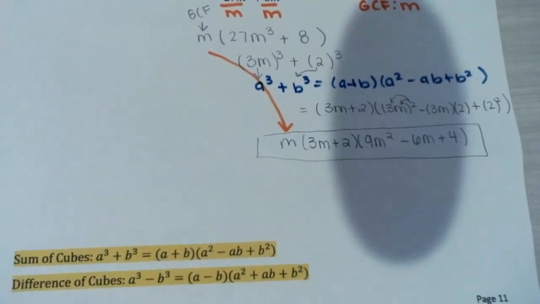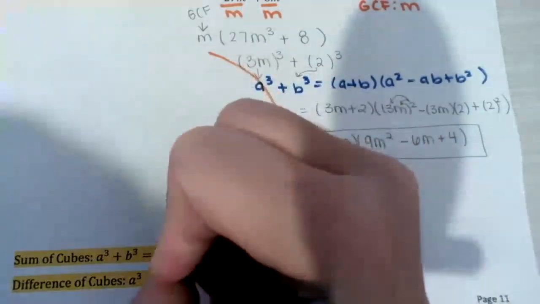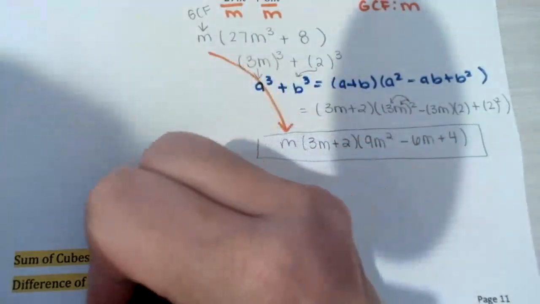So lastly, notice down here I put the formulas for you. So the sum of cubes, a cubed plus b cubed, is a plus b times a squared minus ab plus b squared. Difference of cubes is a cubed minus b cubed, so we're going to do a minus b times a squared plus ab plus b squared. I kind of made note of this, but just to show you, this sign is always the same sign.